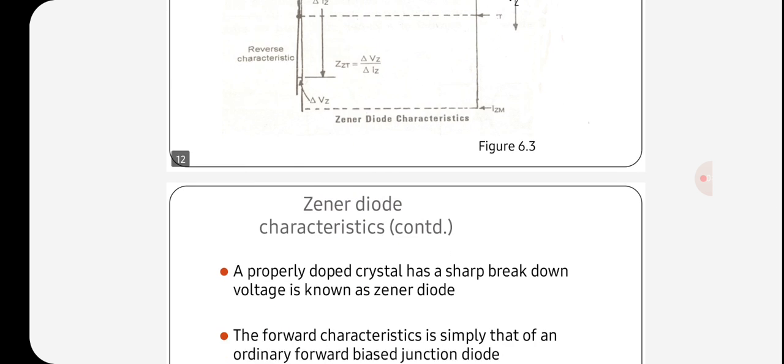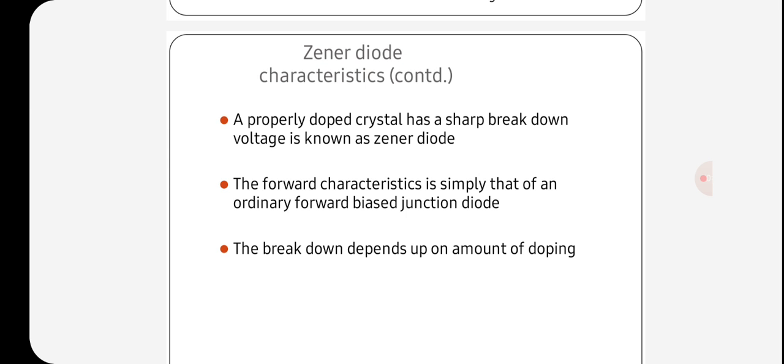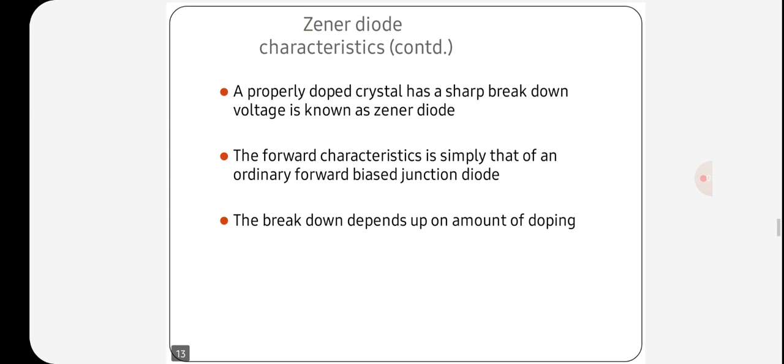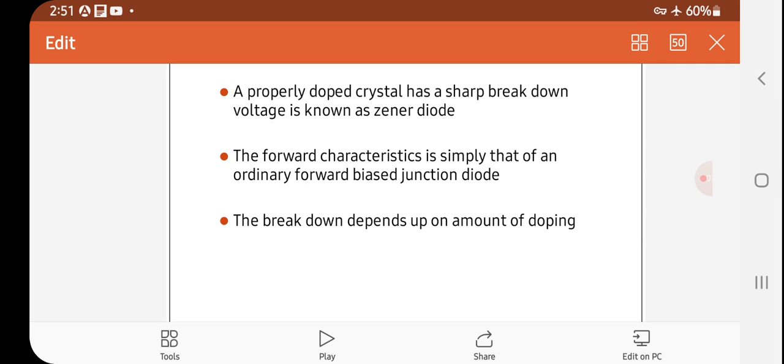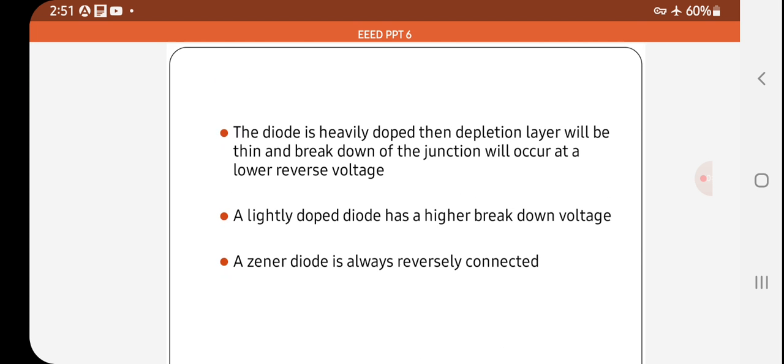So in this Zener diode characteristics, a properly doped crystal has a sharp breakdown voltage and is known as Zener diode. So the forward characteristics is simply that of an ordinary forward biased junction diode. The breakdown depends upon the amount of doping.